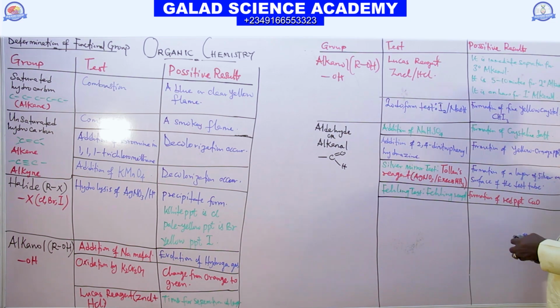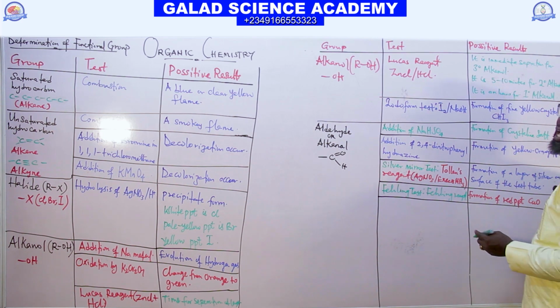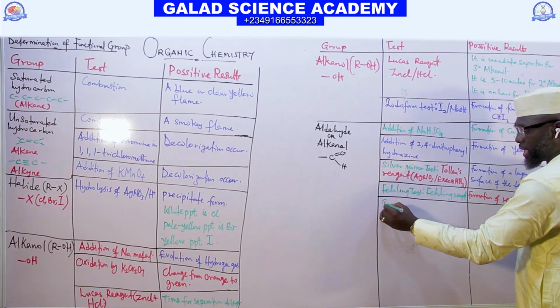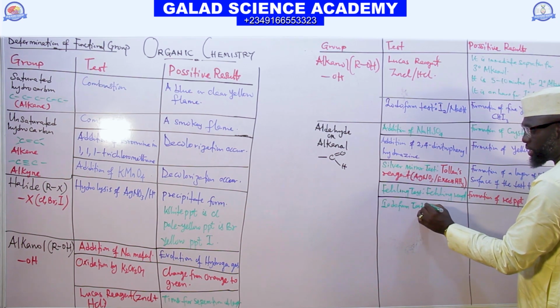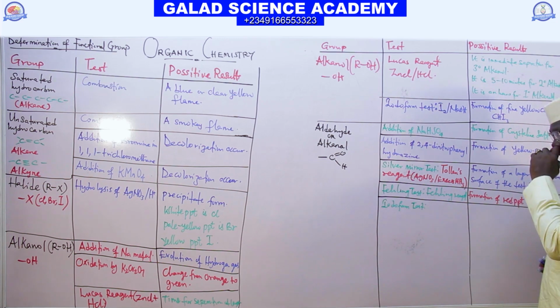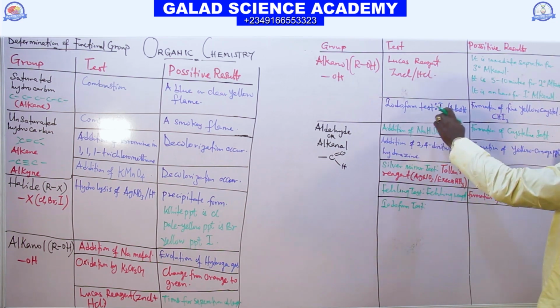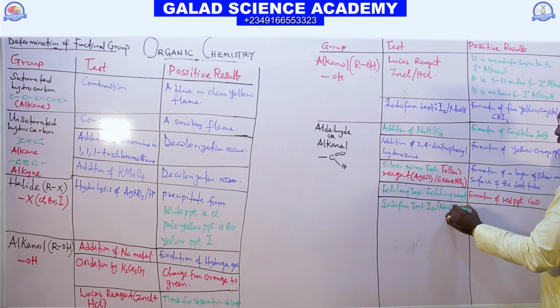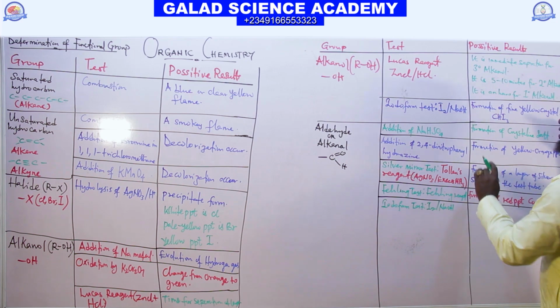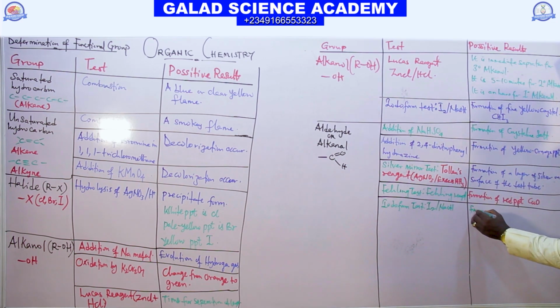And the last one we can also have is the iodoform test. The iodoform test here is the same thing as the one we have in the alkanol, which is iodine and sodium hydroxide. It will have the same observation, formation of fine yellow crystal.